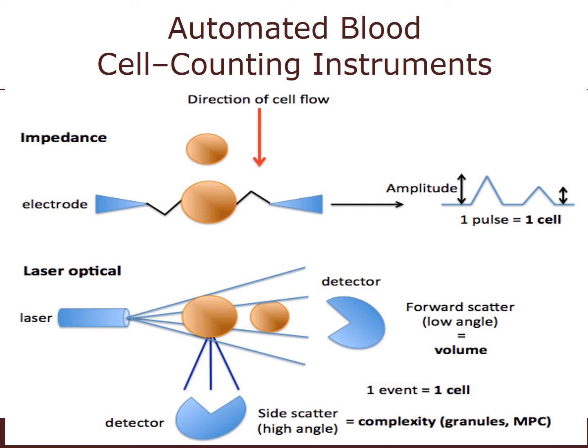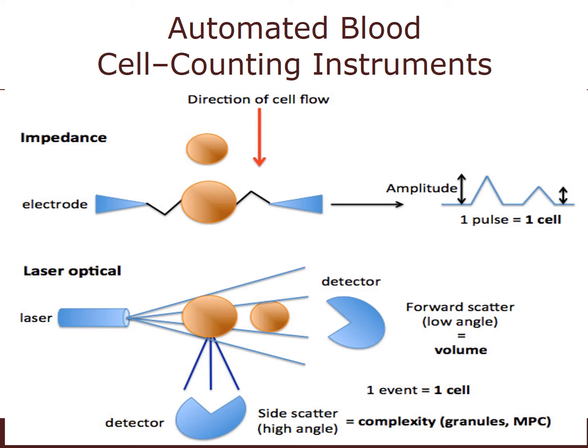So here, the number of pulses indicates the blood count, and the amplitude or height of each pulse is proportional to the volume of the cell. Some examples of companies that use this principle are Beckman Coulter and Sysmex and Abbott Diagnostics.